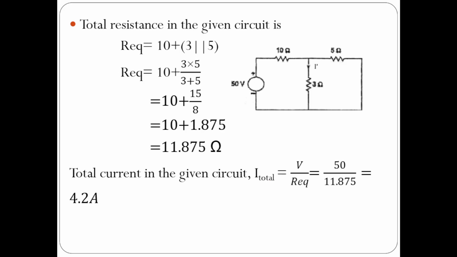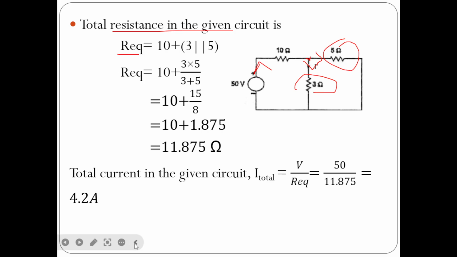Here first of all I am going to determine the total resistance in the given circuit. If you see here, 3 ohms and 5 ohms are connected in parallel, because at this junction the current coming from this source will divide.